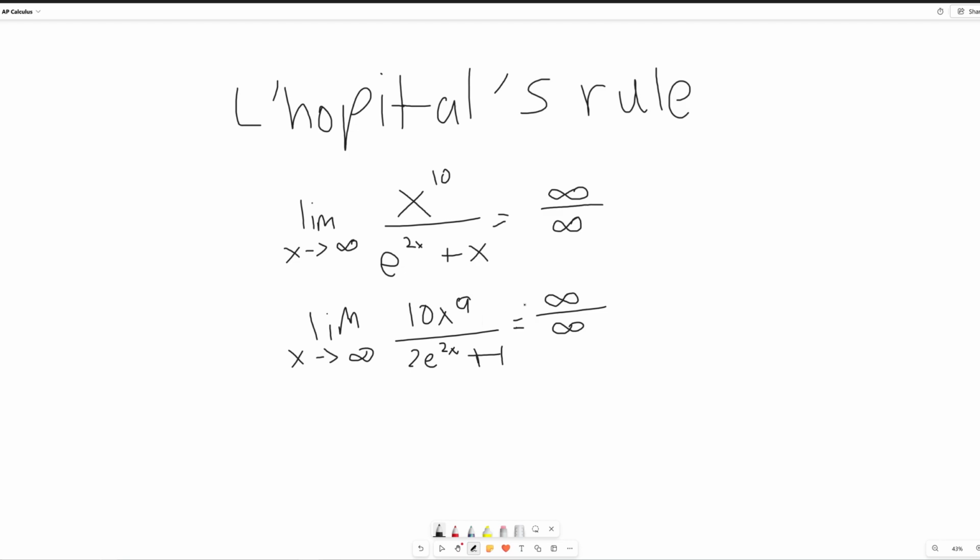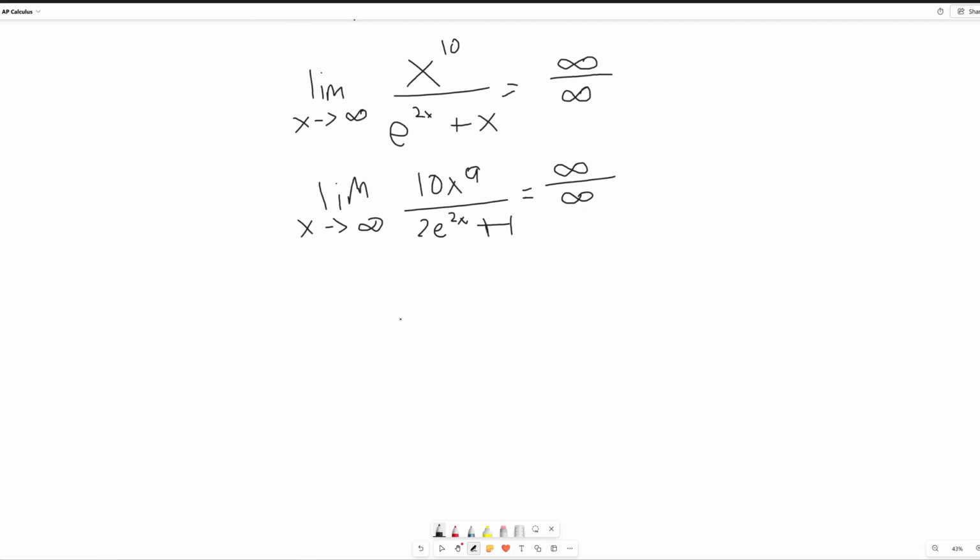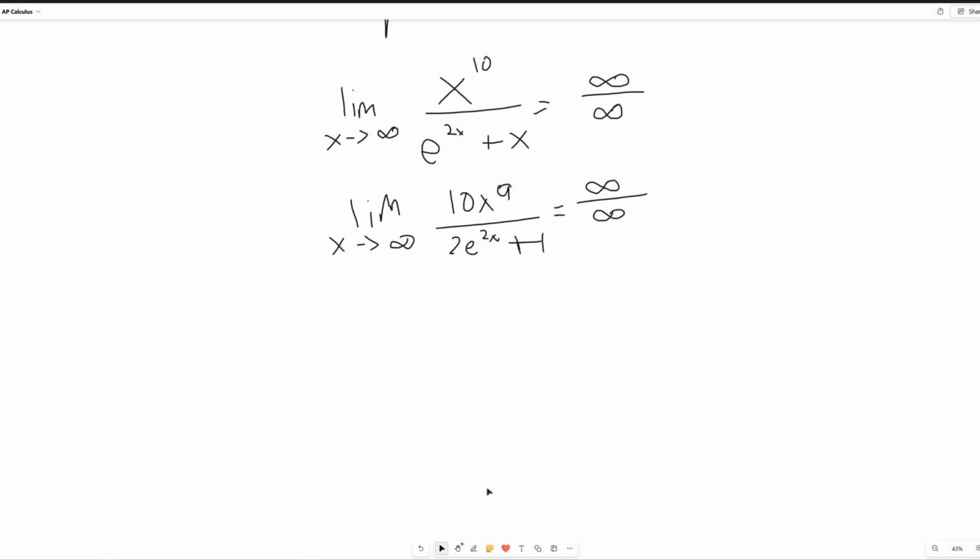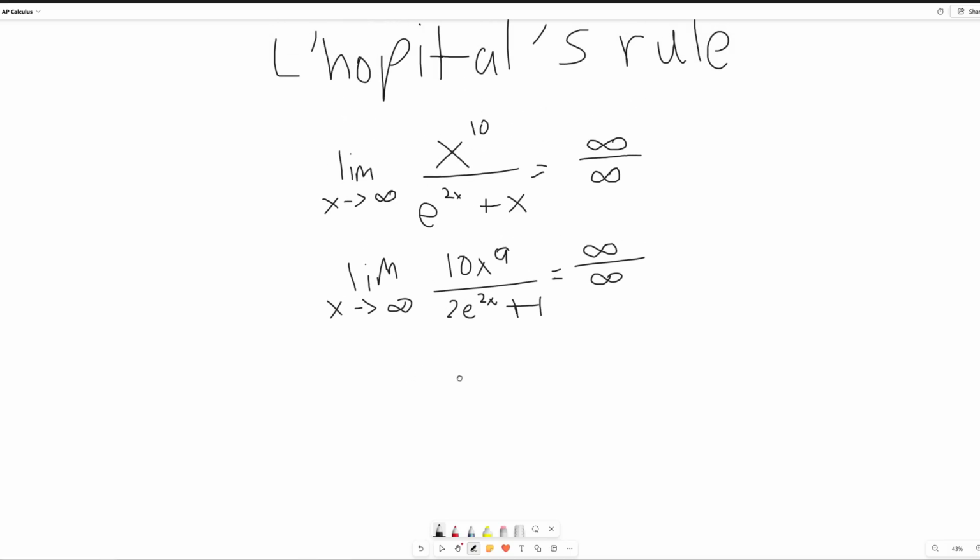However, e to the 2x, any exponential, is not going to go all the way to 0. They're going to keep the base. It's just going to be 4e to the 2x, 8e to the 2x, 16, infinitely.